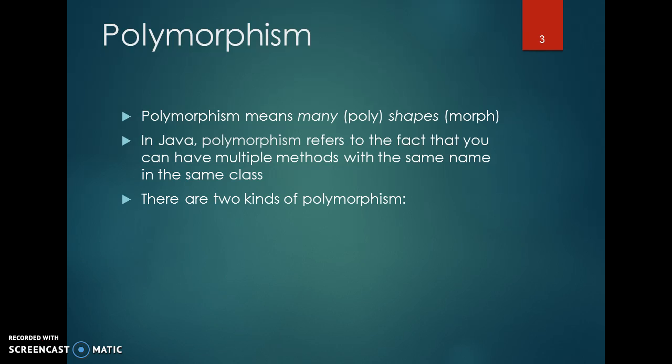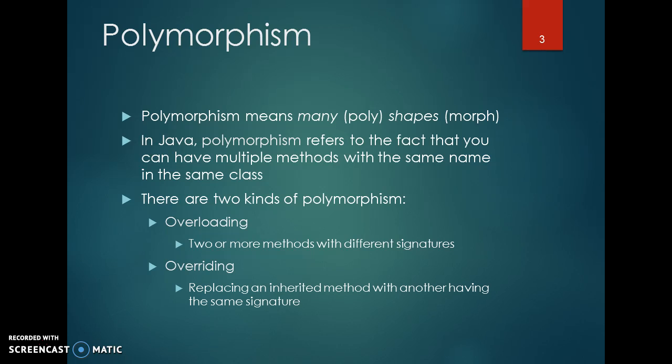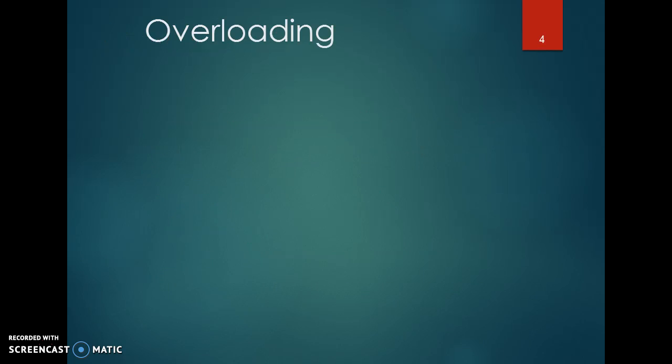There are two kinds of polymorphism: overloading, where two or more methods can have different signatures, and overriding, where one inherited method is being replaced by another method in the subclass. That method has to have the same signature as that of the parent class.